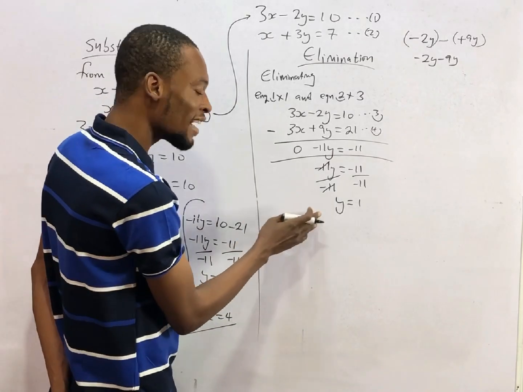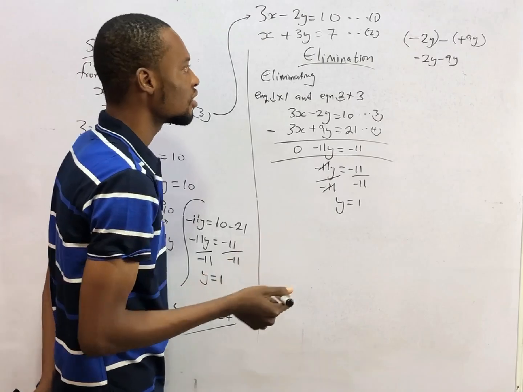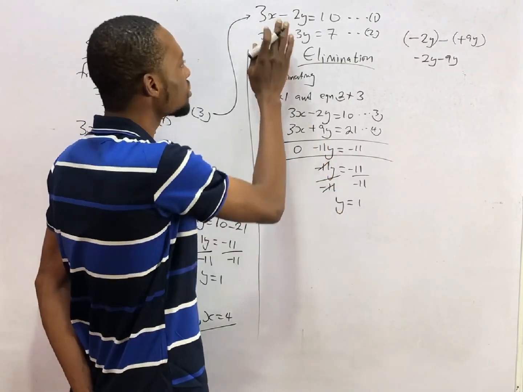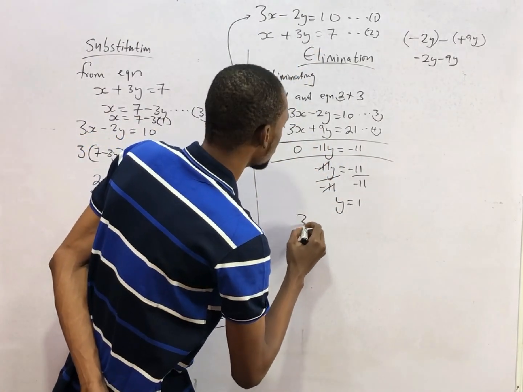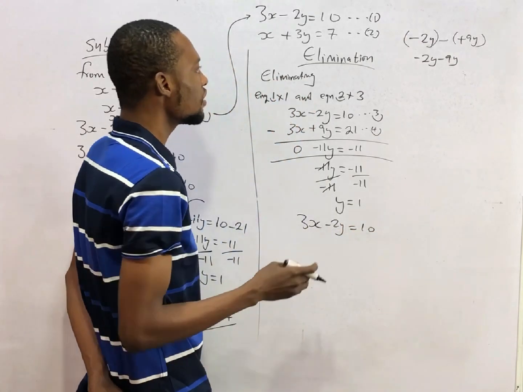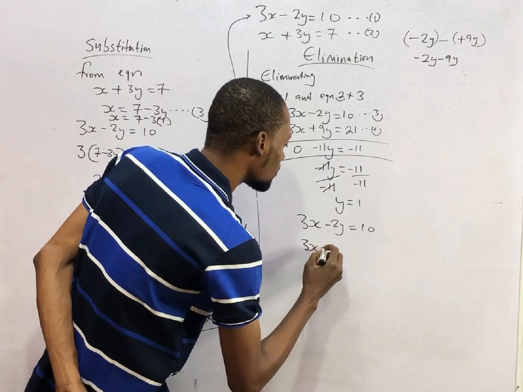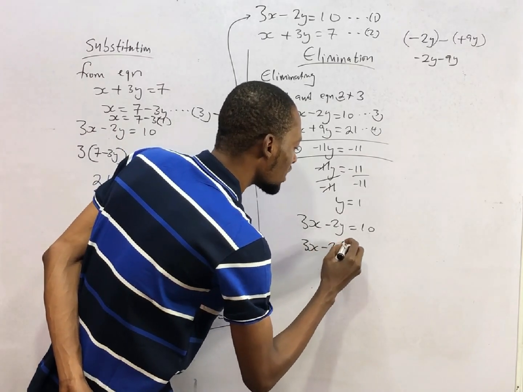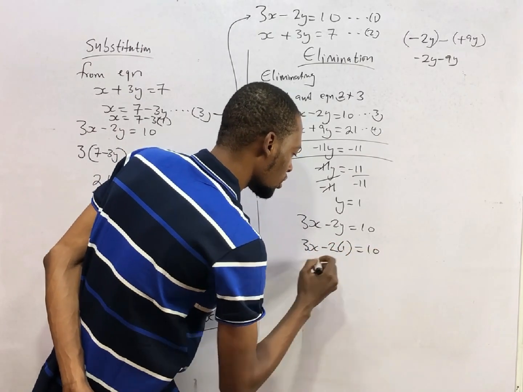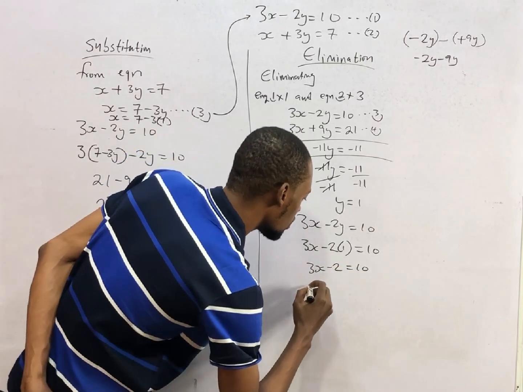Now that you have the value of y as 1, in any of the equations, put y as 1. So let's use equation 1. Equation 1 is 3s minus 2y is equals 10. If you decide to put y as 1, this will be 3s minus 2 times 1 instead of y is equals 10. 3s minus 2 is equals 10.